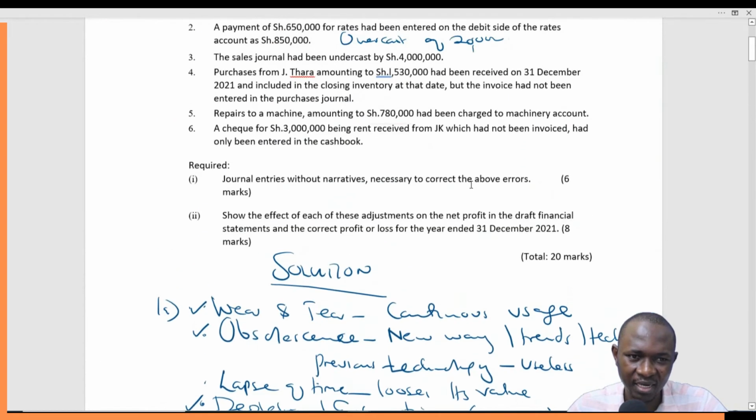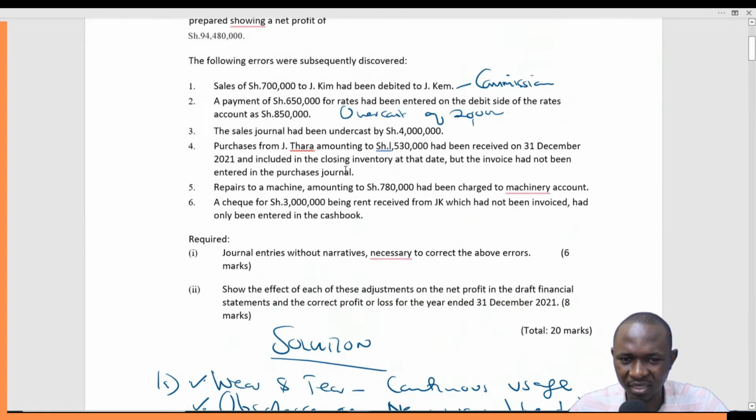Remember, it was received and captured, and it was even included in the closing inventory. So this one is okay. It's only the invoice that had not been entered in the purchases journal. So we enter the invoice, and the invoice is a debit entry.